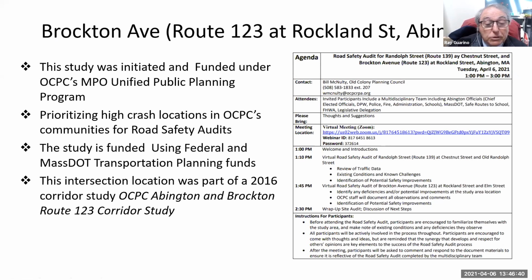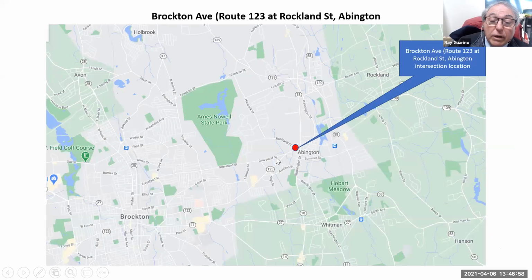So this intersection was also part of a corridor study in 2016, the Abington and Brockton Route 123 study. This is Brockton Ave, Route 123 at Rockland Street intersection. Hope you can see this map. It's kind of light, but it's right next to Route 18 on this major 123 road that goes from Brockton to Abington.